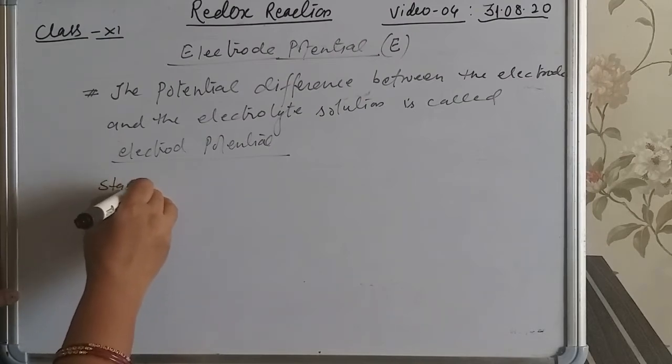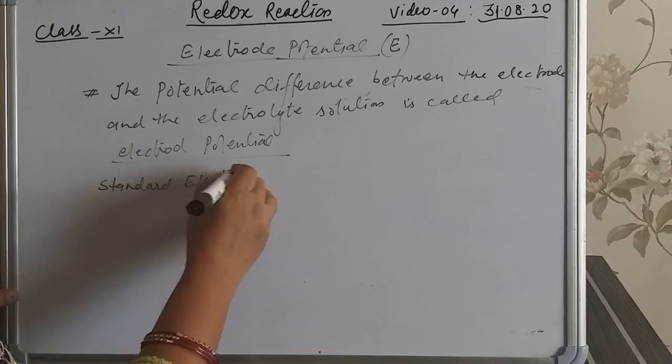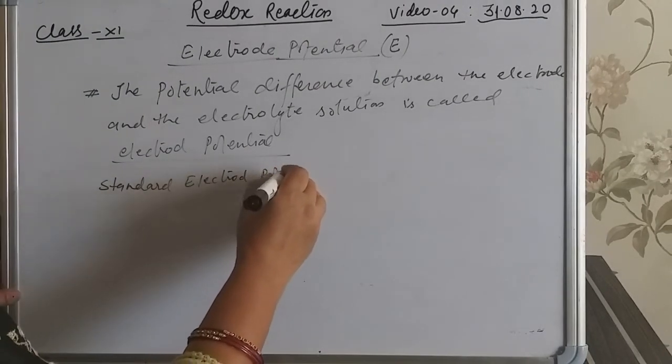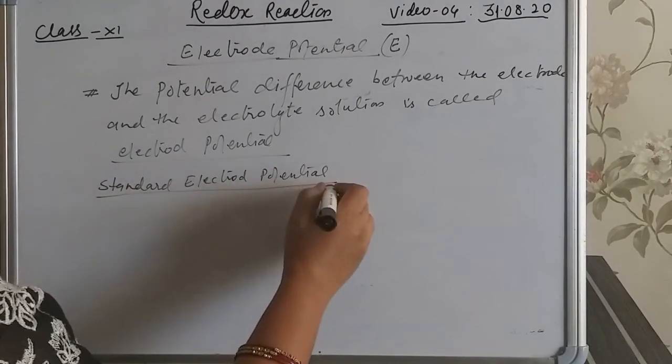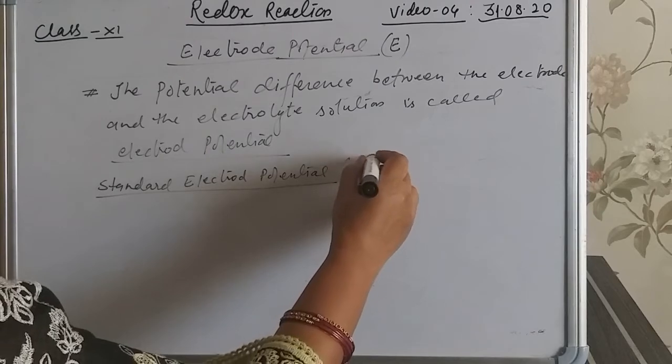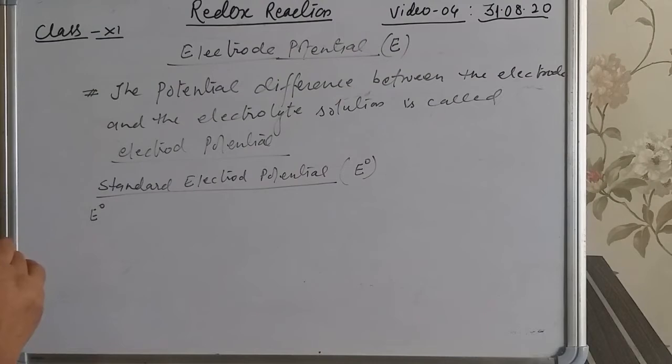Standard electrode potential is represented by E naught of the cell. So what is standard electrode potential?